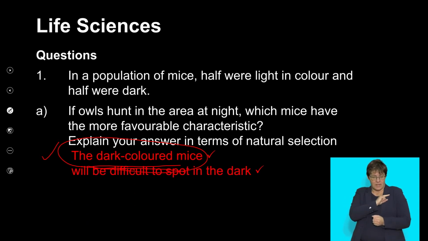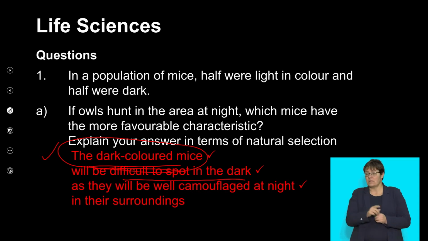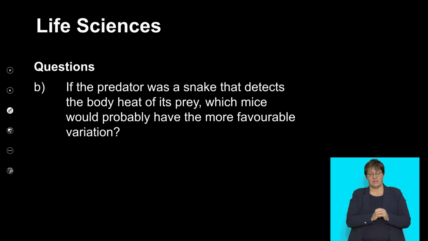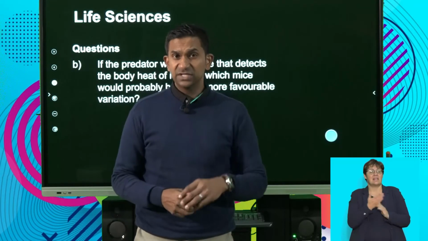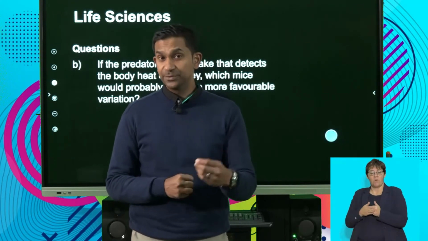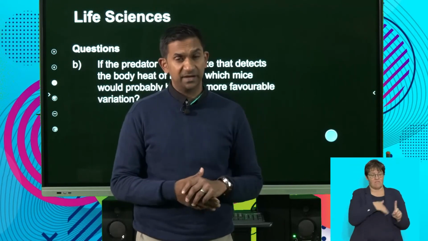Why? Because they will be difficult to see against the dark background. This in turn means that they will be better camouflaged at night, which means that they're able to access resources. Gradually over a period of time, they're able to reproduce and produce more individuals that are better suited to that environment.